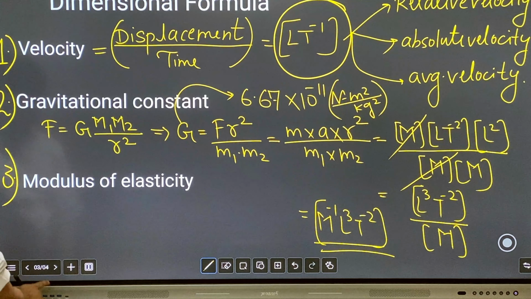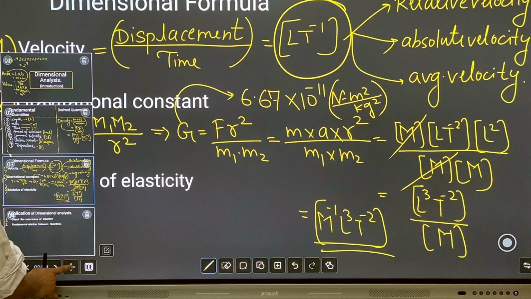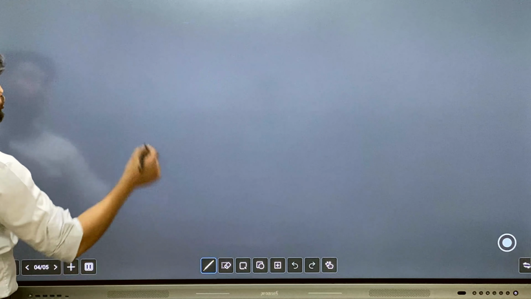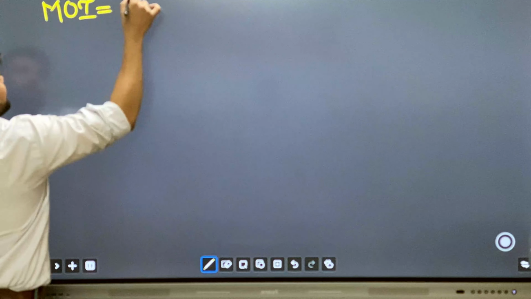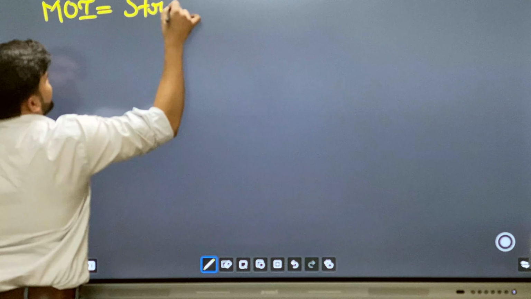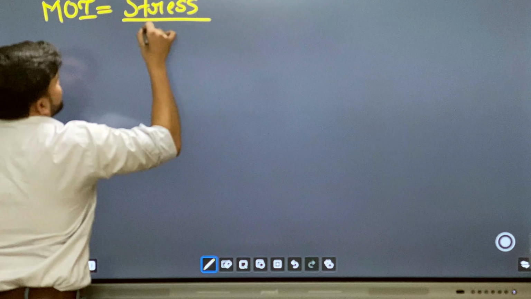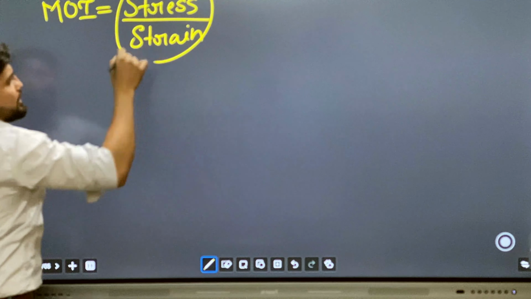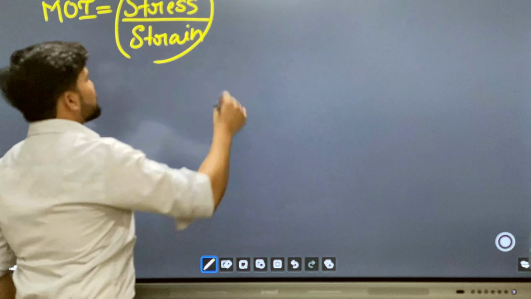So I will choose another slide. Modulus of elasticity, in short form, I will say modulus of elasticity as MOI. It is given as stress divided by strain. Actually, this topic is related to your mechanical properties of matter. Stress, what is stress?